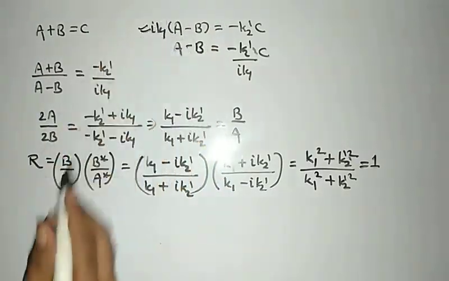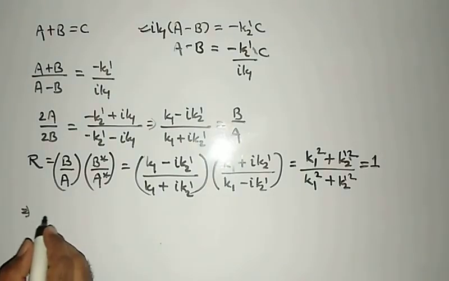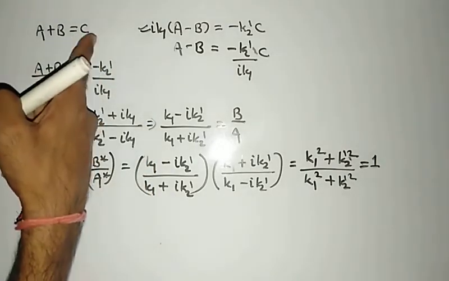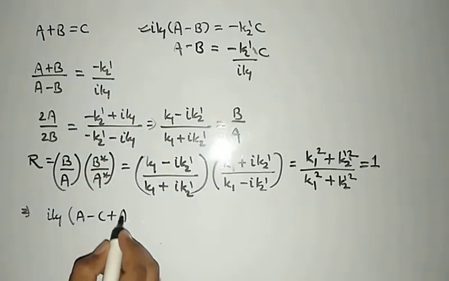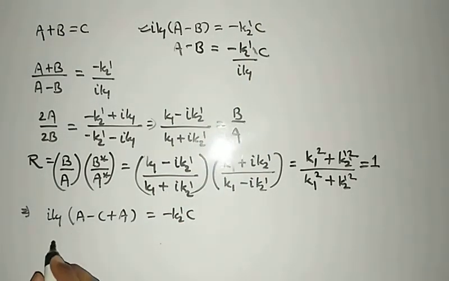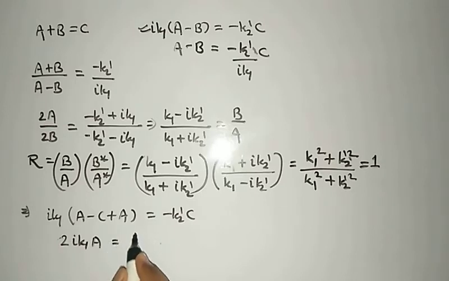So using this relation to calculate C by A, write down i k1 into A minus B. So A minus, this will be C minus A, so minus C plus A, and obviously minus k2 dash C on the RHS. 2 times i k1 A is equal to i k1 minus k2 dash C. So we now get C by A, which is 2i k1 by i k1 minus k2 dash.